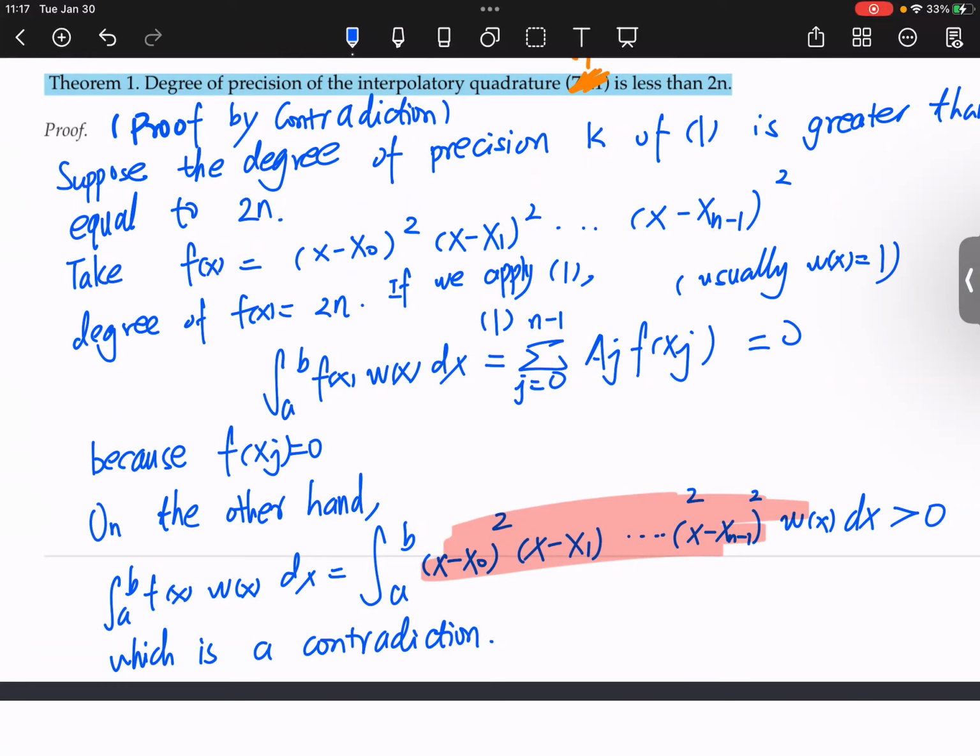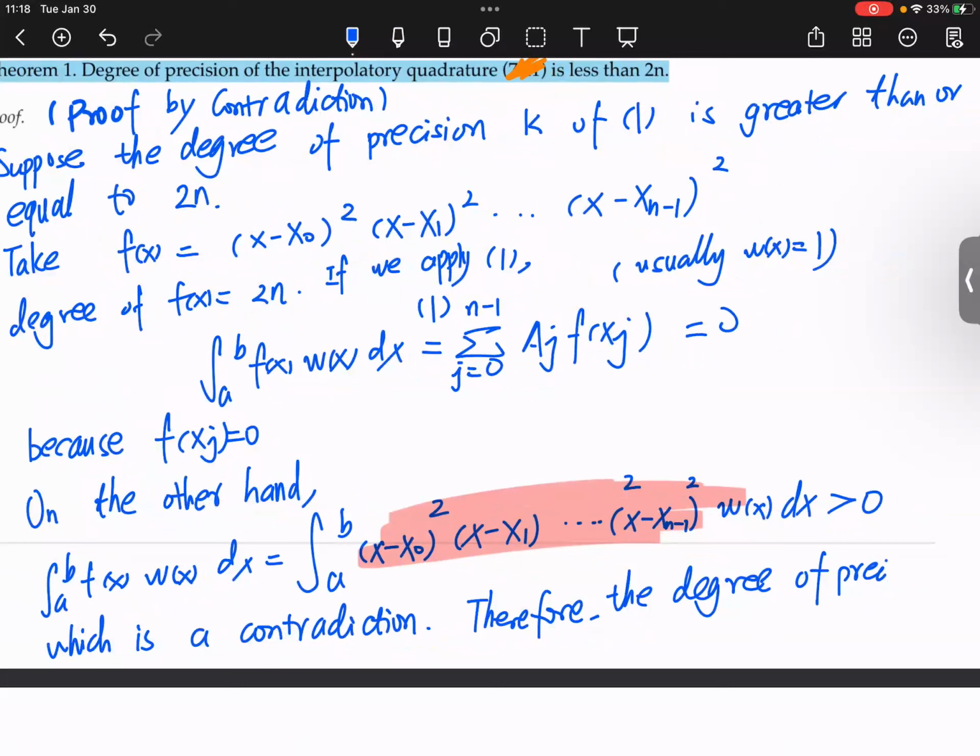Therefore, the degree of precision should be less than 2n, and that's the conclusion we have here.